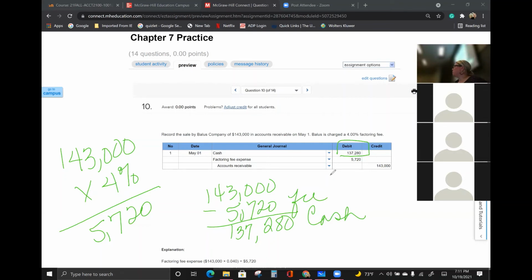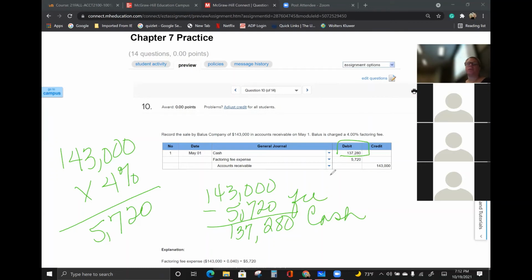So I put my cash in the books, $137,280. Then I have to record my expense. We're going to call it a factoring fee expense for $57.20 because that's how much they're charging me. And now I have to clear my entire receivable that I sold. So I credit accounts receivable for $143,000.